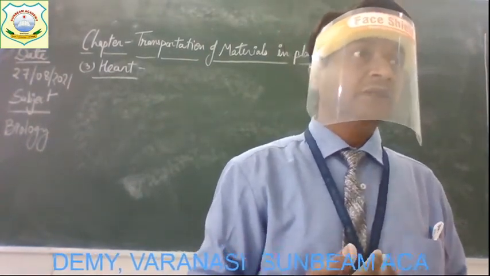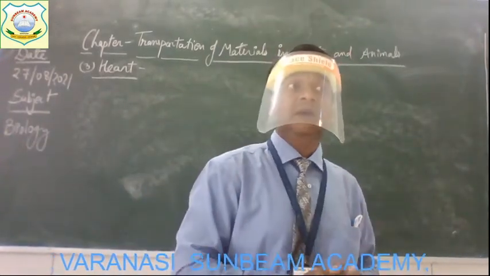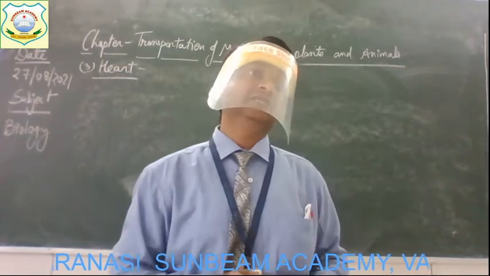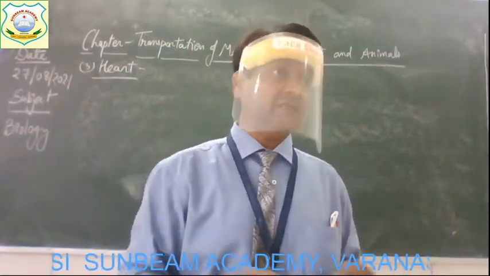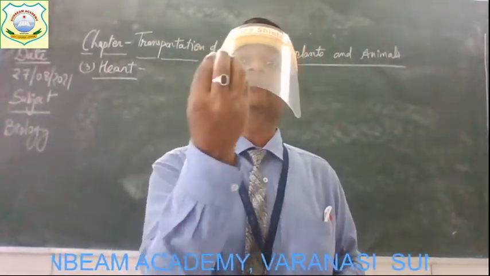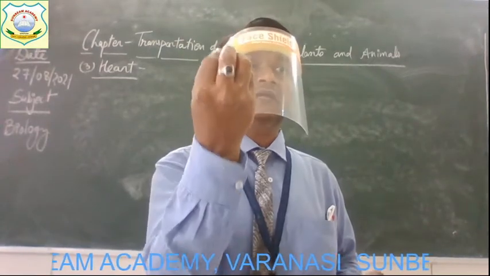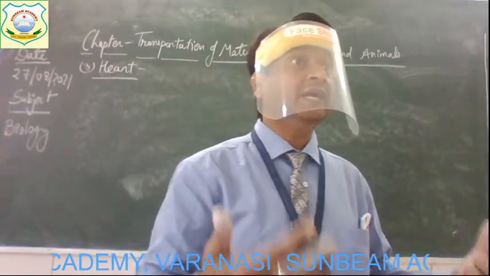Understood now about the heart? The muscles by which our heart is made are a very special kind of muscles because they have a lot of elasticity. That is why our heart continuously throughout our life expands and contracts, expands, contracts, to pump the blood.